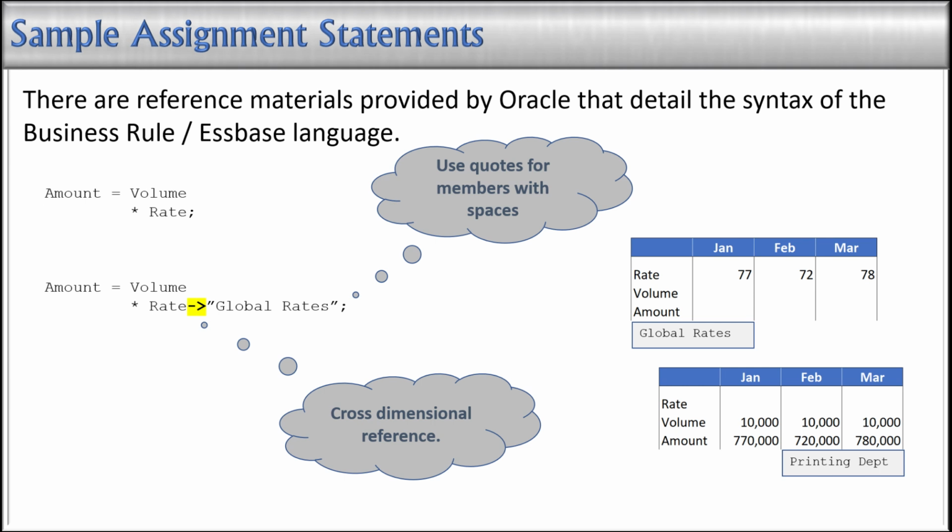In Essbase, in business rules, we deal with this through a cross-dimensional reference. The cross-dimensional reference, highlighted in yellow, is a dash and a greater than sign. And what it's saying is I want to multiply volume times rate, but I want to take the rate from another block, or in the terms of Excel, I want to take the rates from another tab.